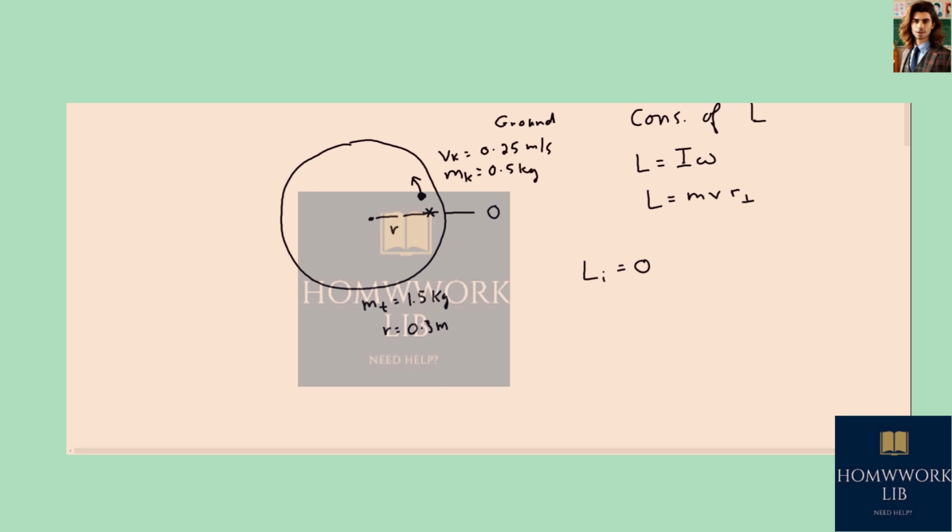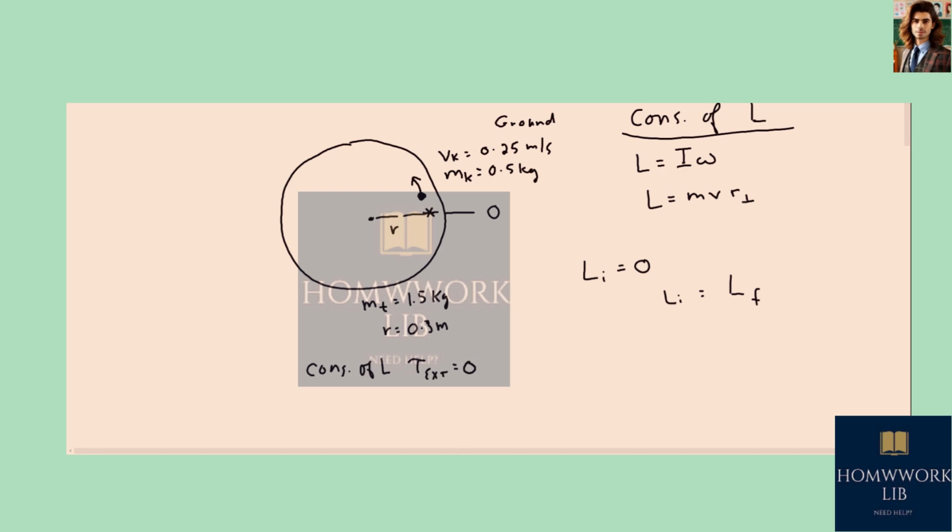Well, we must have the initial angular momentum equal to the final angular momentum due to conservation of angular momentum. And why that happens is conservation of angular momentum happens when the external torques on your system are 0 or negligible.